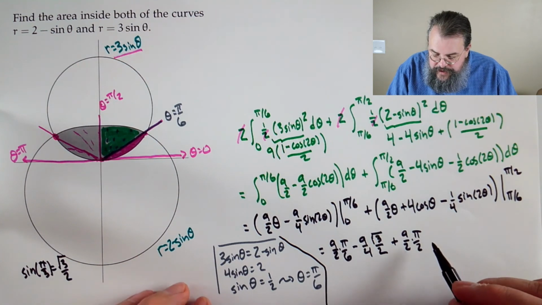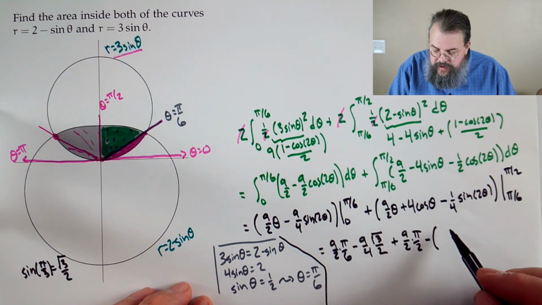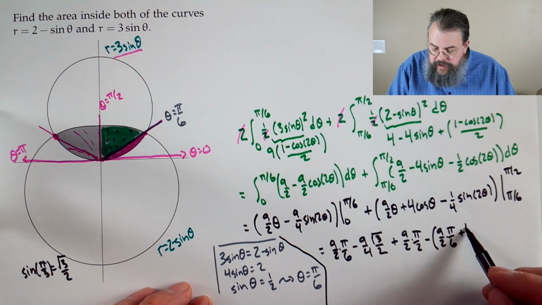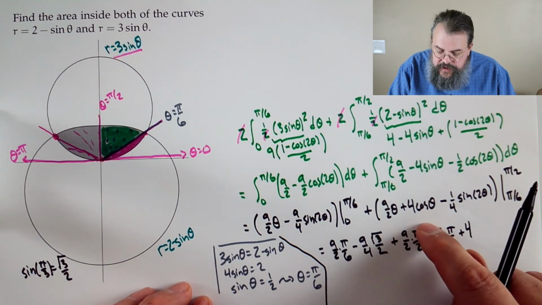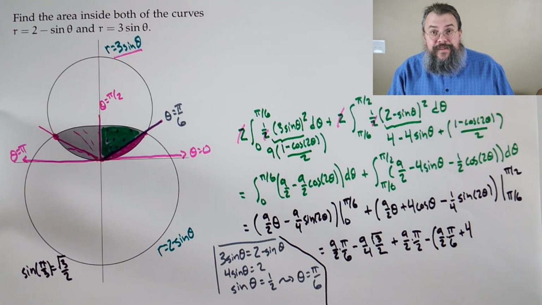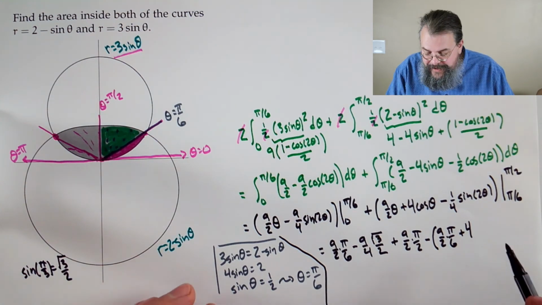Now we have to subtract. Plug in pi over 6. 9 halves times pi over 6, whatever that turns out to be, plus 4 times cosine of pi over 6. Well, what's cosine of pi over 6? It is square root of 3 over 2.